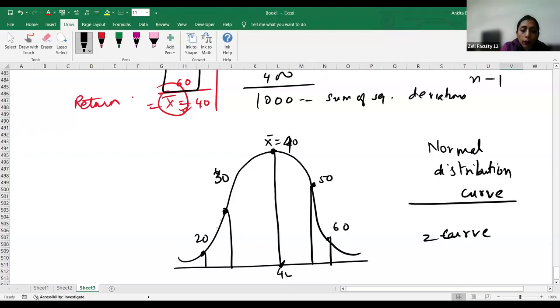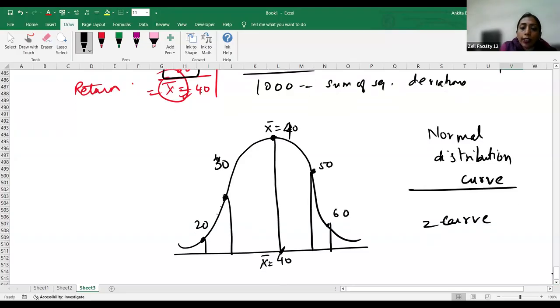So this point is 40 now, representing the average value. So I can find out how dispersed the values are from the mean towards the left side and towards the right side also.